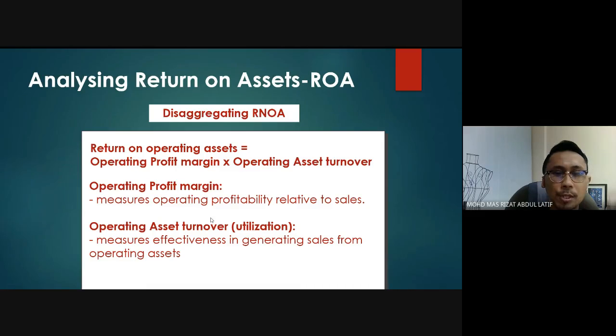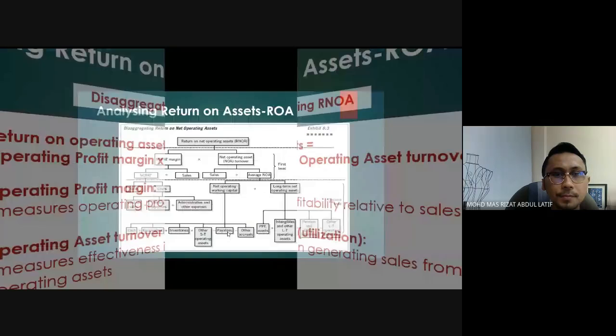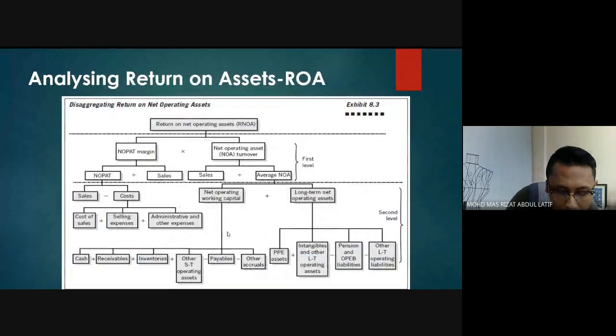It measures operating profitability relative to sales, and asset turnover adalah measure of effectiveness in generating sales from operating asset. So both of these components ada item sales dalam dia. Satu dekat bawah, satu dekat atas kan. So that will be the disaggregation. The NOPAT to sales ratio is called the net operating profit margin or simply the NOPAT margin.